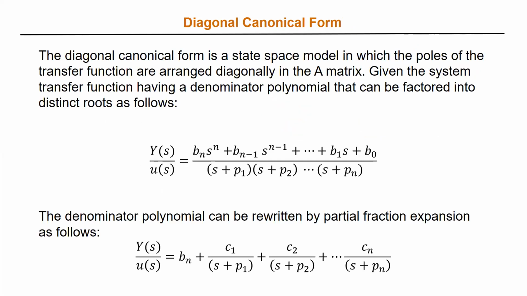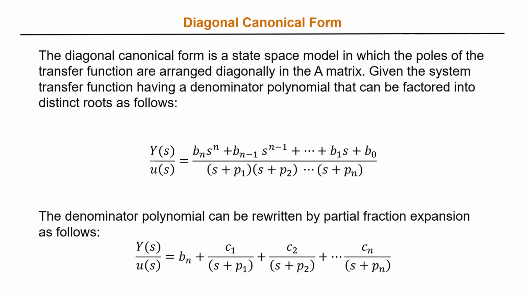Now let's take one more approach. Let me assume that I have a system, and suppose in the transfer function I can factorize the denominator, and the factors give simple poles. If you have repeated poles, we could modify this approach, but assume that the poles are not repeated.